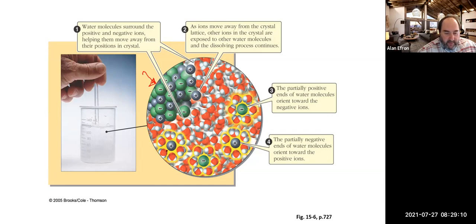You can see our positive ion in there. The red is oxygen. And around our negative ion, the white circles represent hydrogen surrounding it. That's what happens when we dissolve a solid in water: all those water molecules get surrounding it.